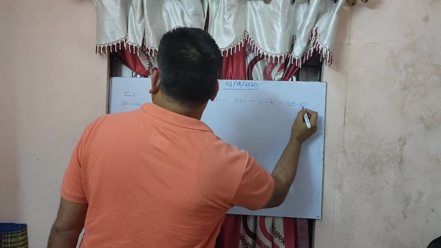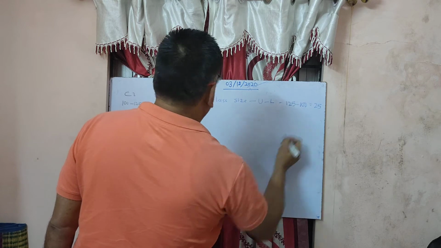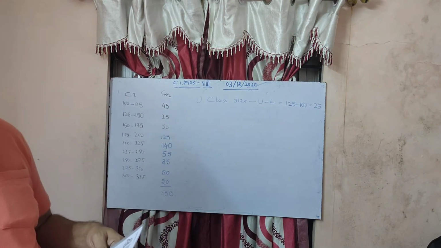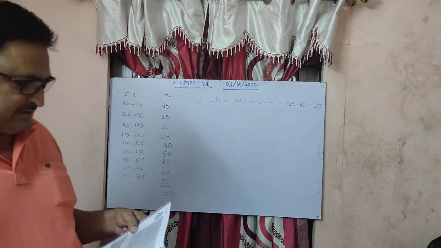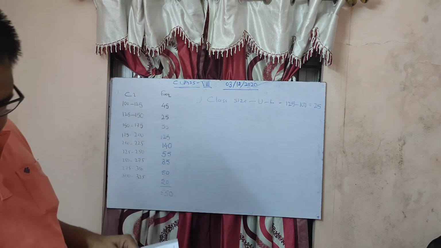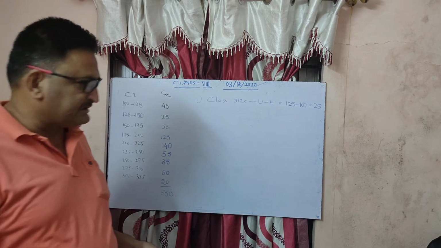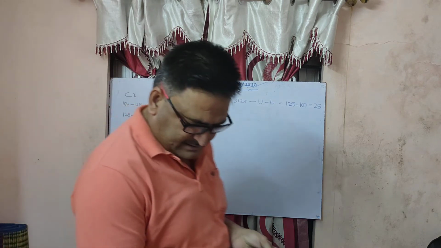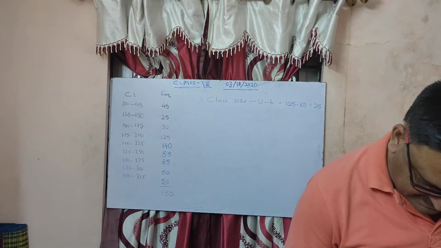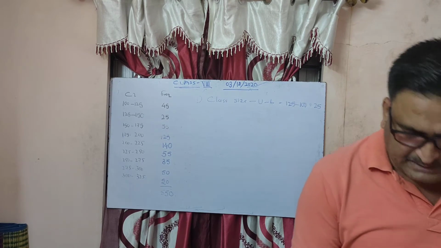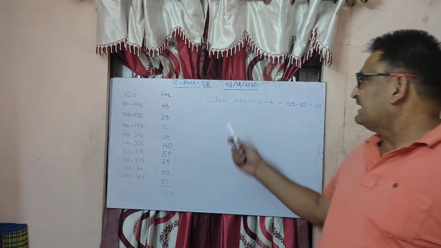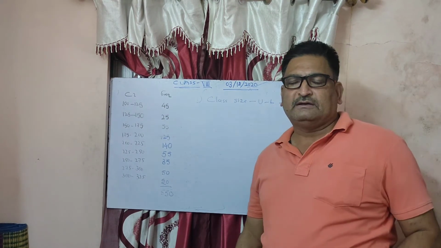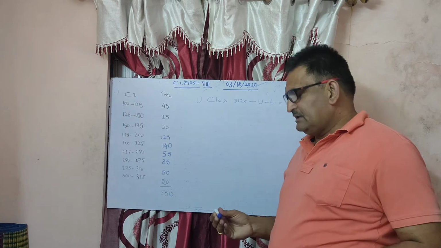Minus lower limit is 100. It means it is 25. So 25 is common. So class size is 25. First one is class size, upper limit minus lower limit. It is common, you can check it from any of the class intervals and it will be the same.